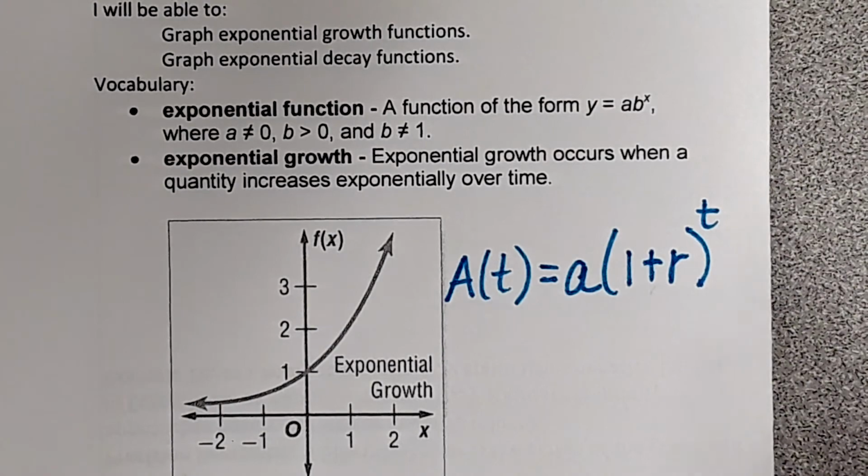And what it means is it grows, okay? So your line is always going to be a curved line. In exponential, it's always curved, and it's either going to curve down or curve up, okay? And you can tell if it's growth or decay.